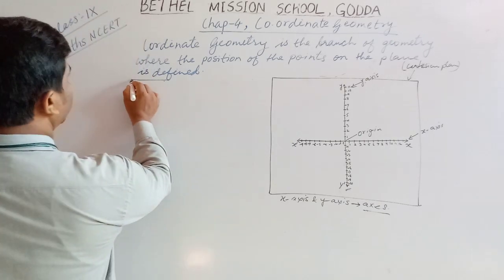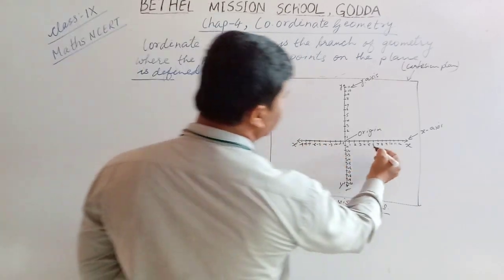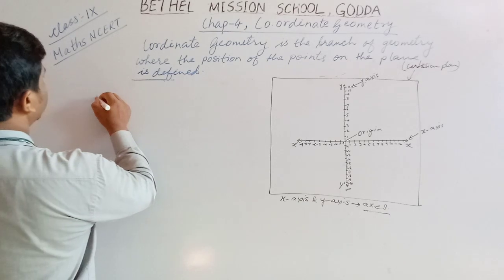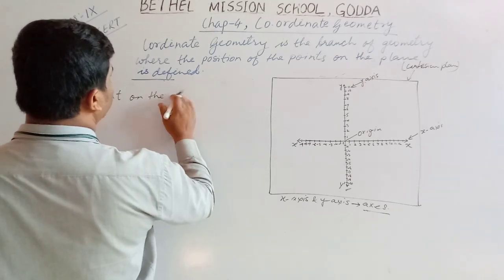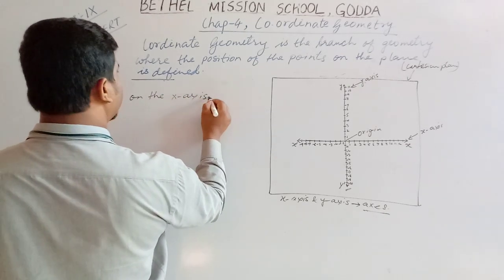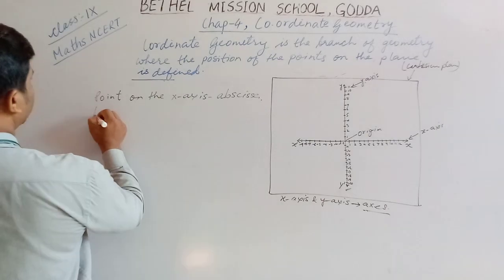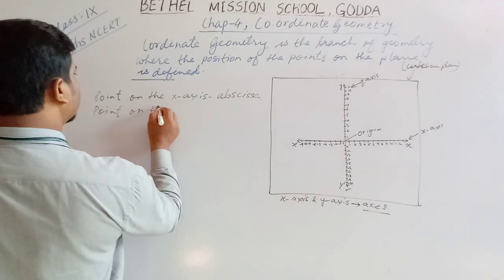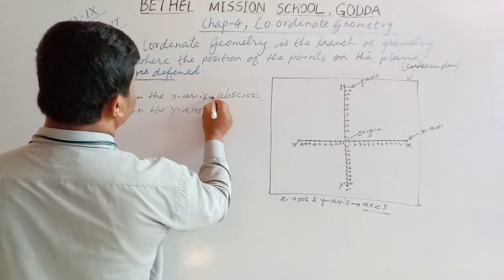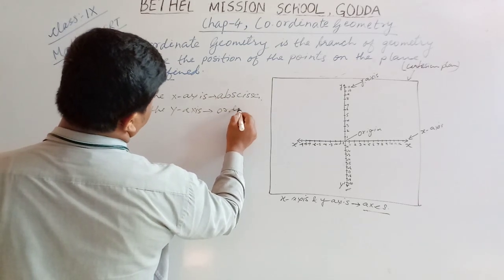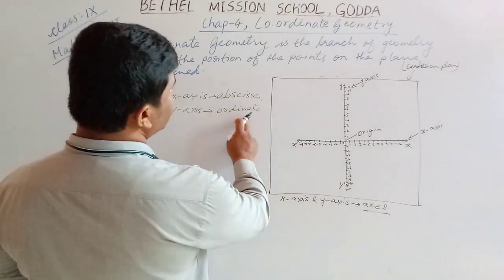In coordinate geometry, the point on the x-axis is called the abscissa, and the point on the y-axis is called the ordinate.